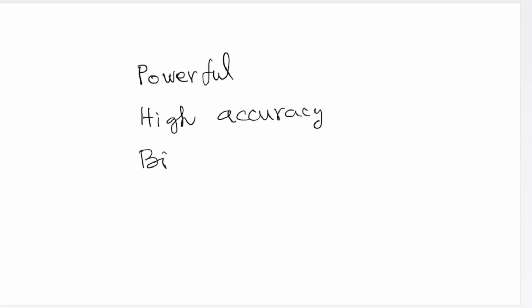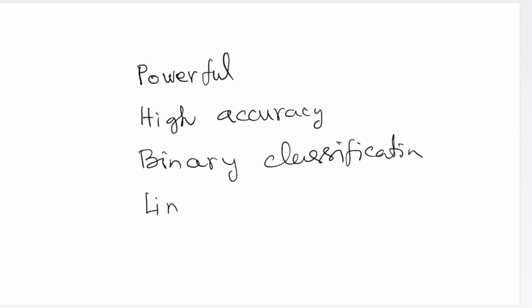Logistic regression based classification is very powerful. In real data sets it has high accuracy. It is a binary classification mechanism. This classification technique relies on linear combination of the independent variables.